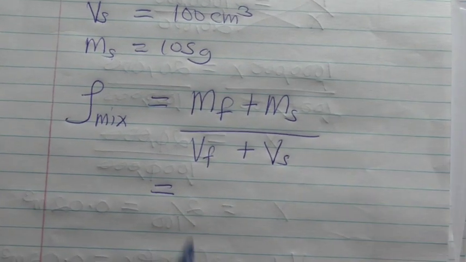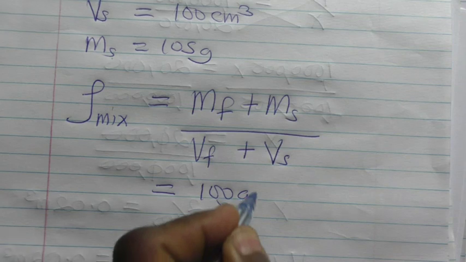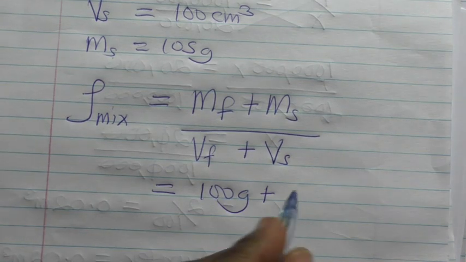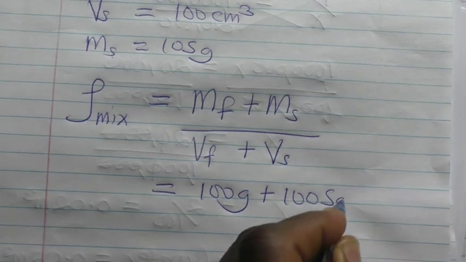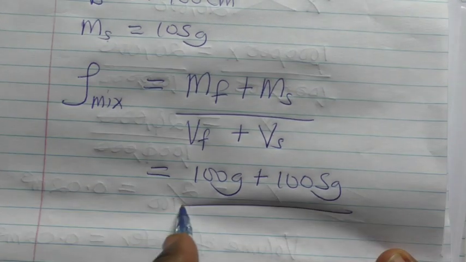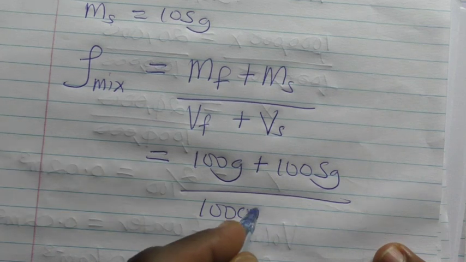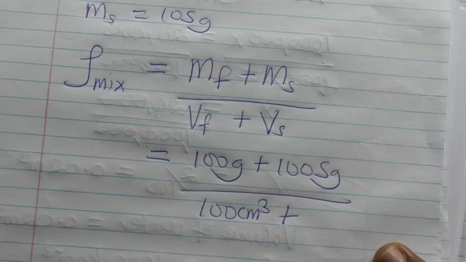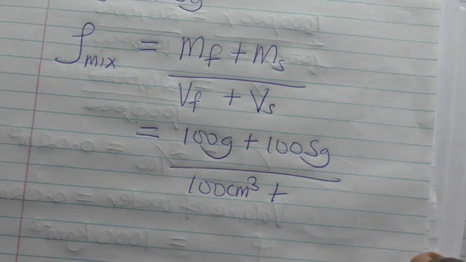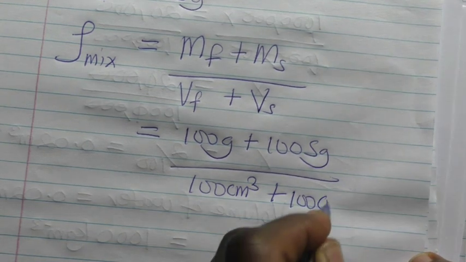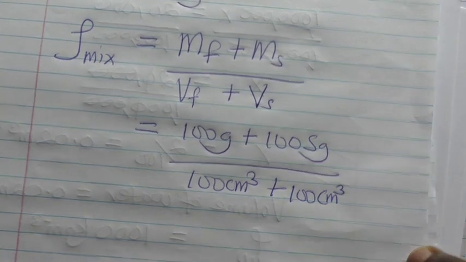The mass of fresh water is 100 grams. The mass of seawater is 105 grams, over the volume of fresh water, which is 100 cubic centimeters, plus the volume of seawater, still 100 cubic centimeters.